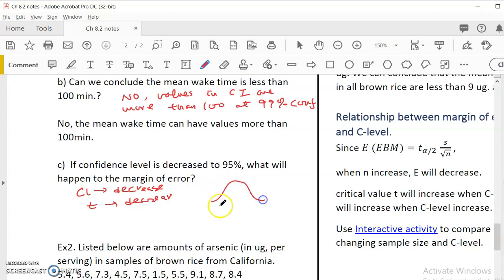Compared with 99%, which is wider outside, you can see that this is a much larger number. So this t would be smaller. t smaller means E is smaller. Your interval would be smaller.